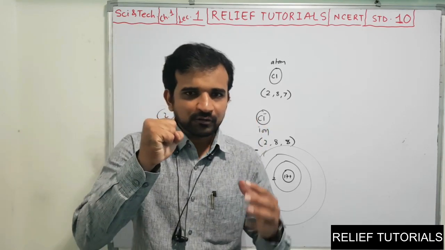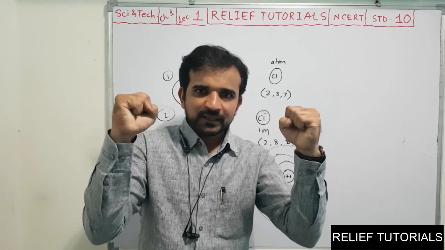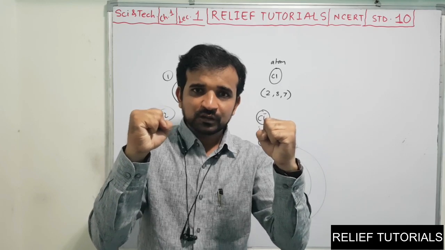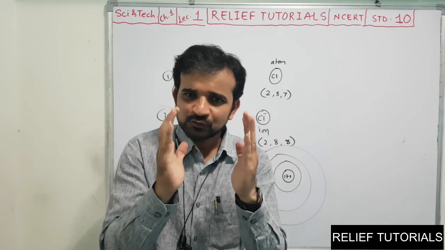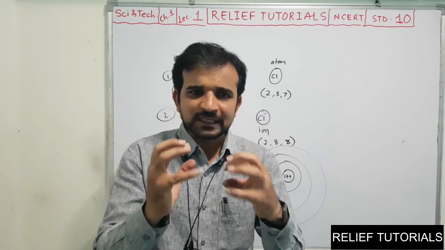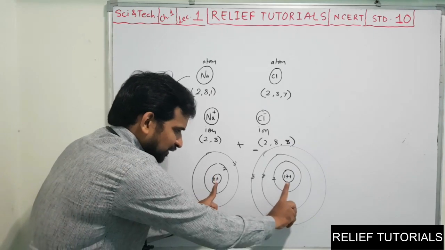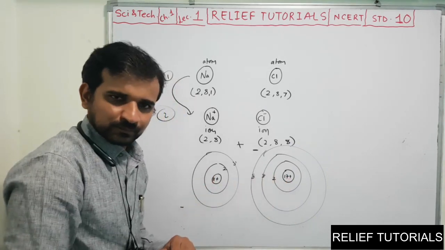So these two ions start to attract each other because of the opposite charge. Sodium ion, chloride ion, positive, negative. They come closer, closer, closer. As they come close enough to each other, look at this, the nucleus is positive, positive.